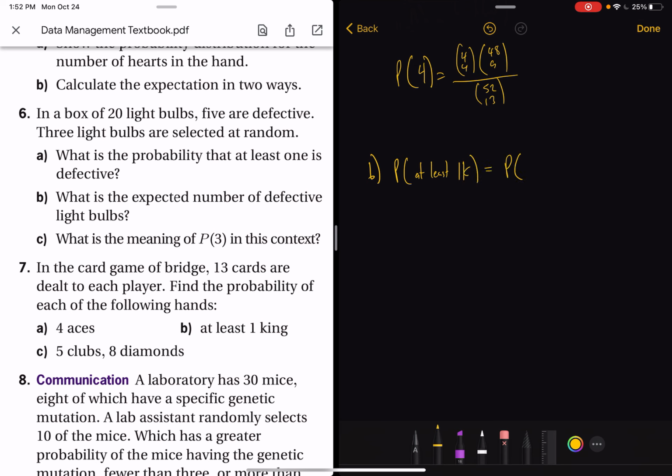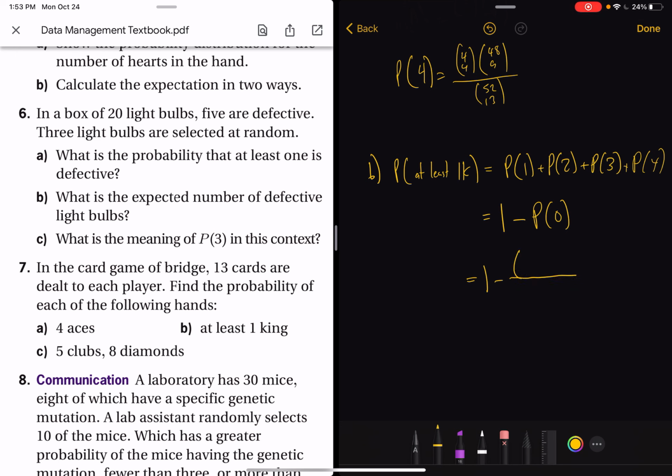You could do probability of 1 king plus probability of 2 plus probability of 3 plus probability of 4. Or you could do 1 take away the probability of 0 kings. So let's do that. It is equal to 1 take away the probability of 0 kings.